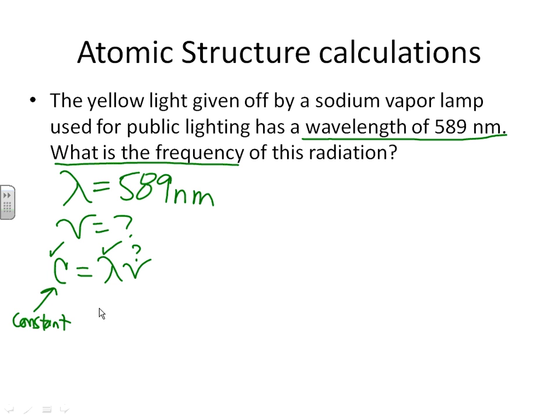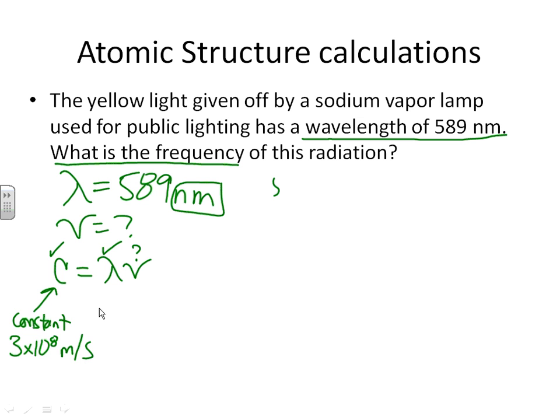Now, the reason that I mentioned that we know the wavelength, sort of, is because we have an issue right there. Wavelength has to be in meters when you plug it into c equals lambda nu, because c is 3 times 10 to the 8th meters per second. Unit agreement. Units have to agree with one another, and right now they do not.